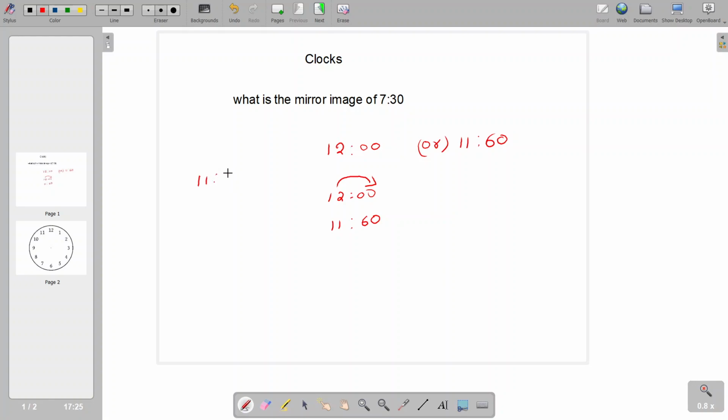So 11:60 minus 7:30. Subtract it. 0 minus 0, 0. 6 minus 3, 3. 11 minus 7, 4. So the mirror image of 7:30 is 4:30. Like this you can find.